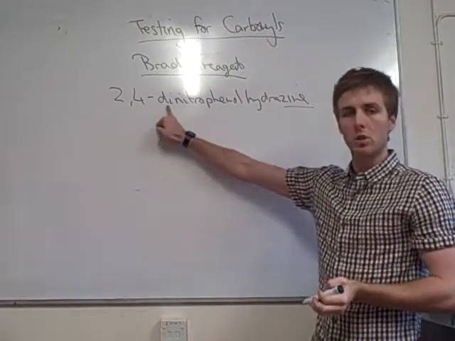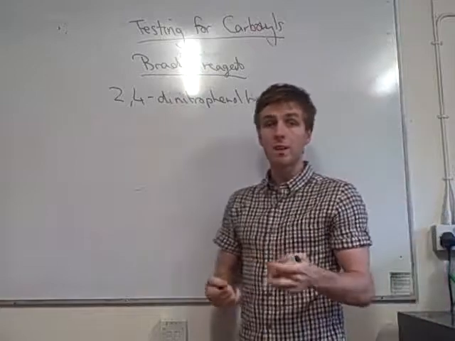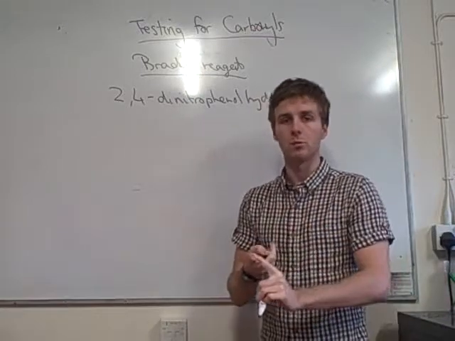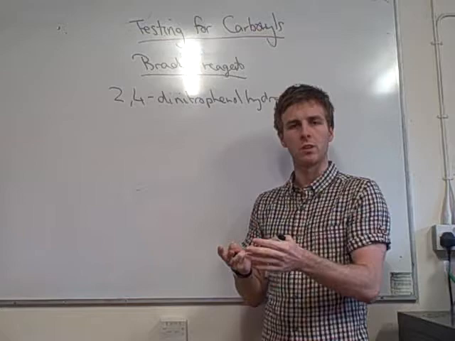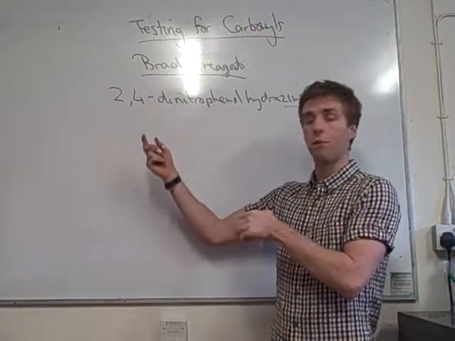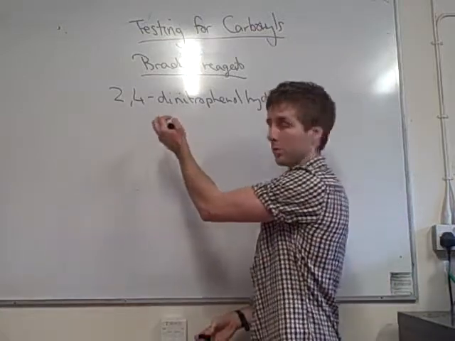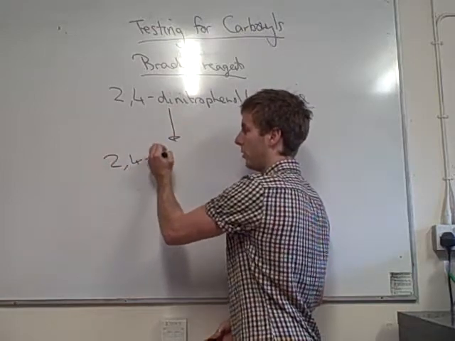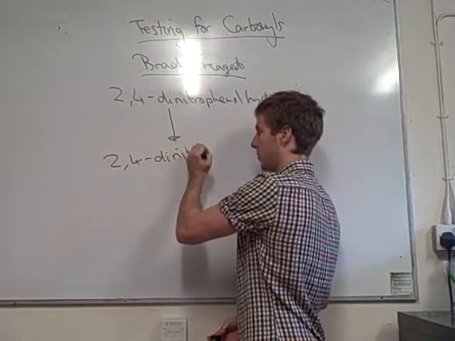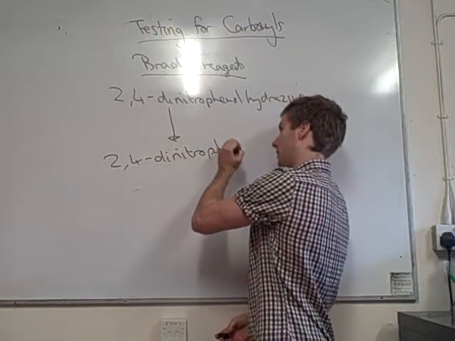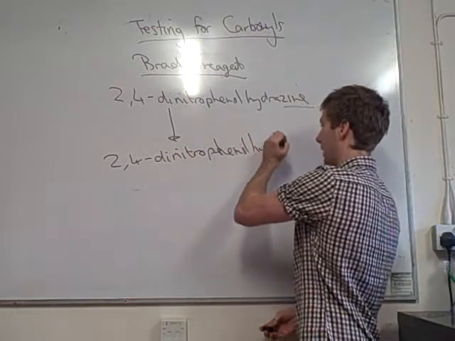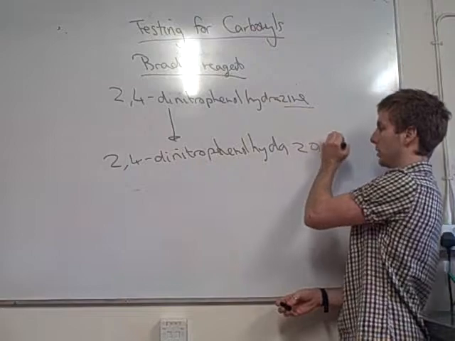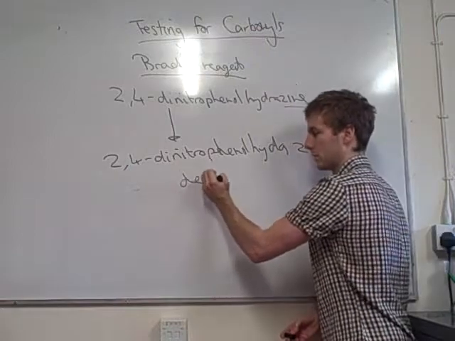Now, what this does is this reacts with either an aldehyde or a ketone, so it can't really distinguish between the two of them, and when it reacts with them, it will change from this to a 2,4-dinitrophenylhydrazone derivative.